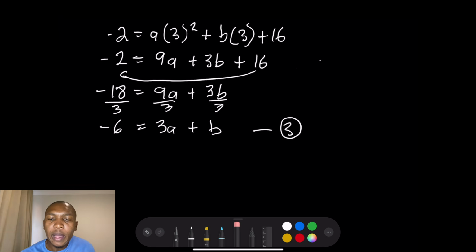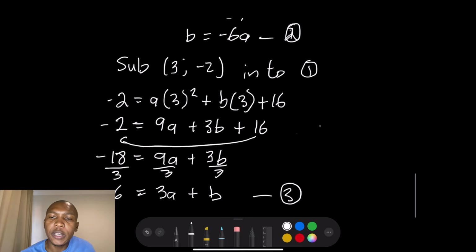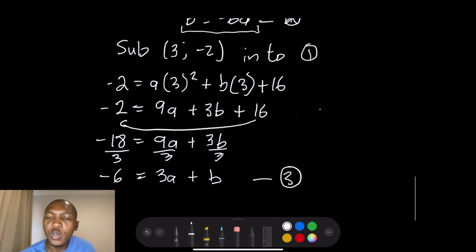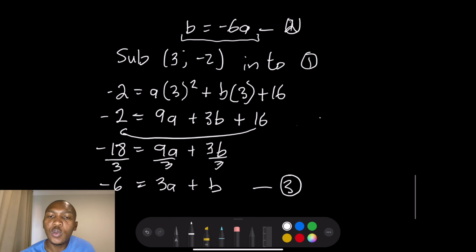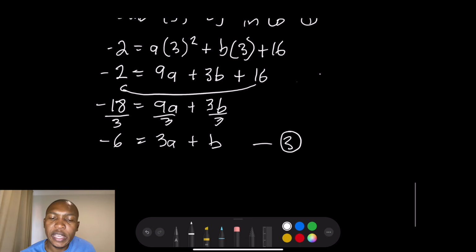So now, how can we solve equation 3? Remember, we already have an expression that relates B and A. So I can substitute equation 2 into equation 3. Can you see that? Whenever I see B, I'm going to substitute minus 6a.